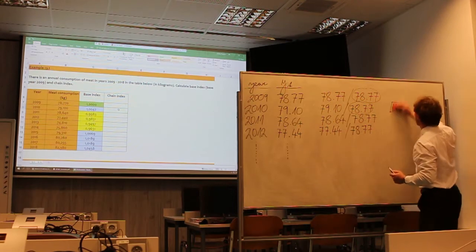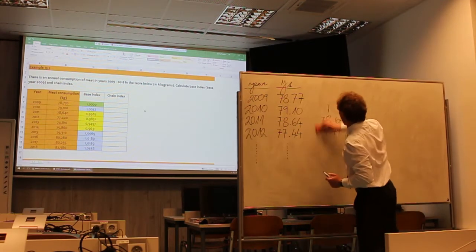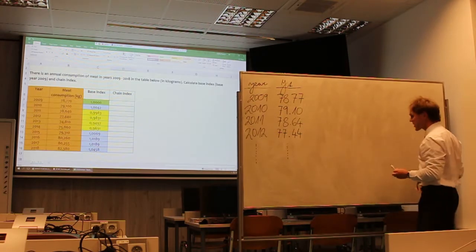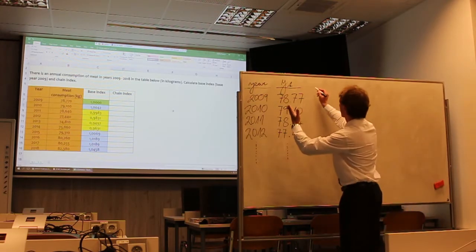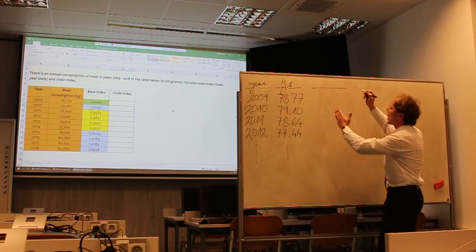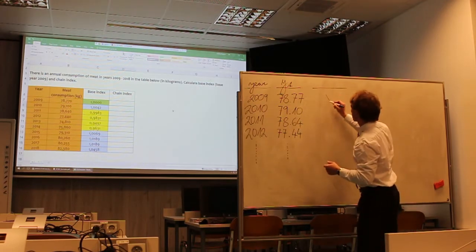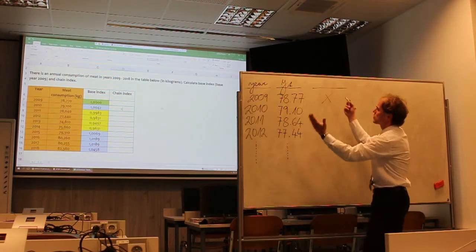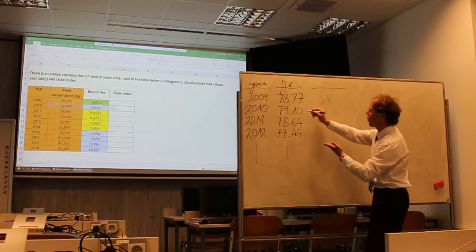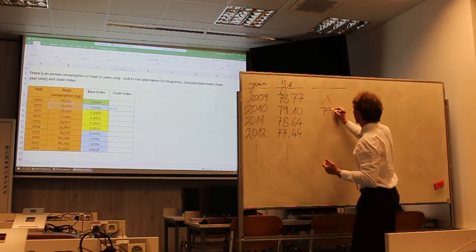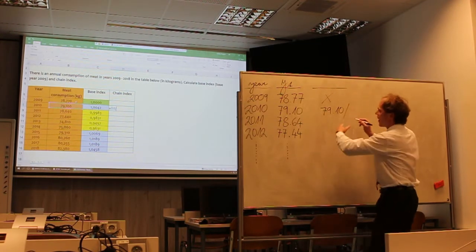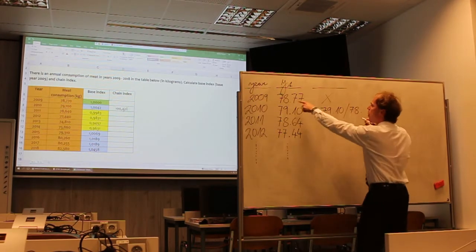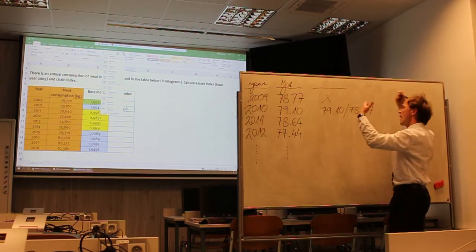Now I will delete this column and we will calculate chain indices. If you want to calculate chain indices, you must omit the first observation and start with the second observation, because we must calculate the ratio 79.10 divided by the previous value, 78.77, and we can continue.